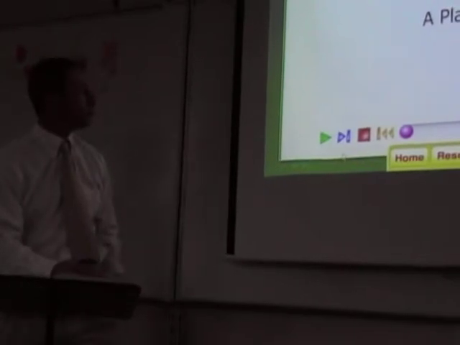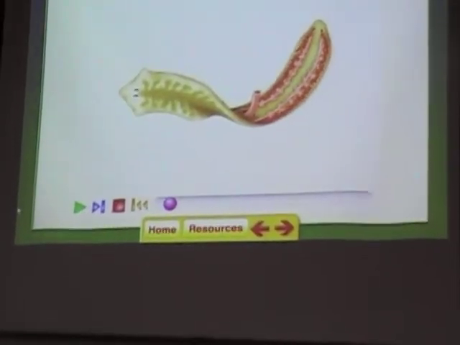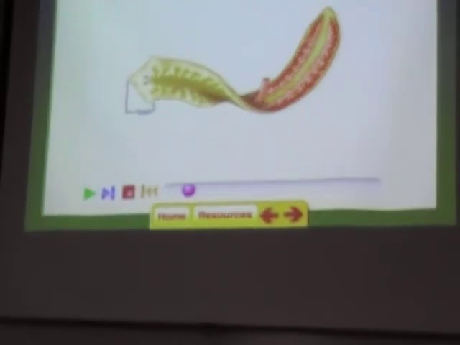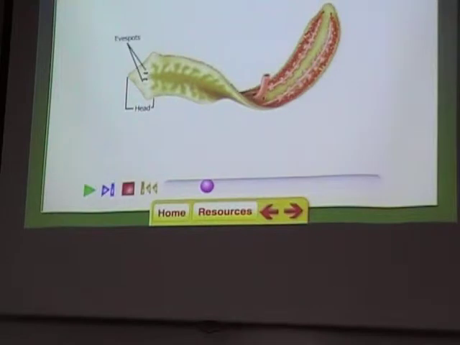Video footage. Flatworms have a clearly defined head, which senses and responds to changes in the environment. Eye spots can detect the presence or absence of light. Located on each side of the head, sensory cells can detect food, chemicals, and movements in the environment.